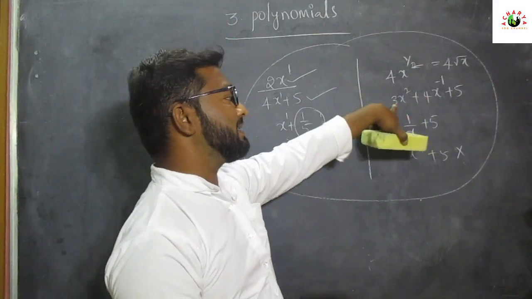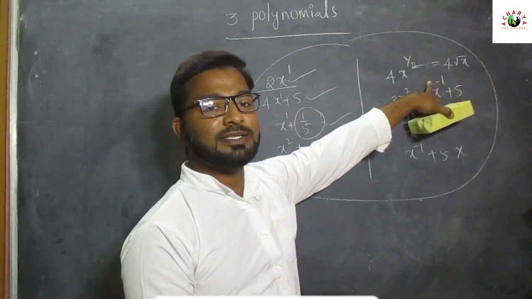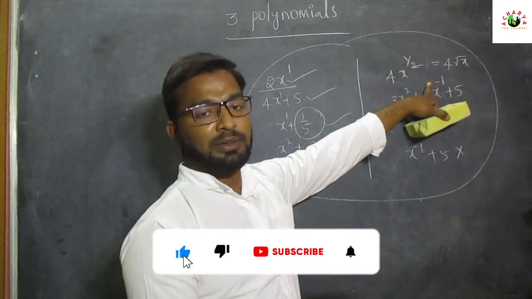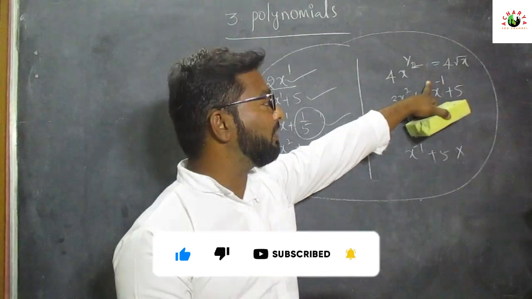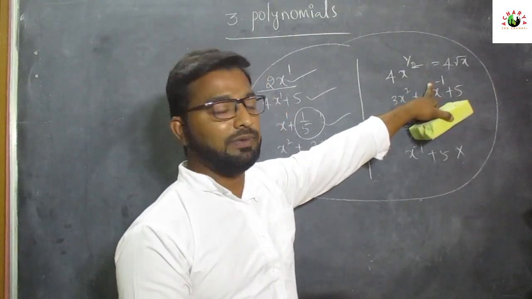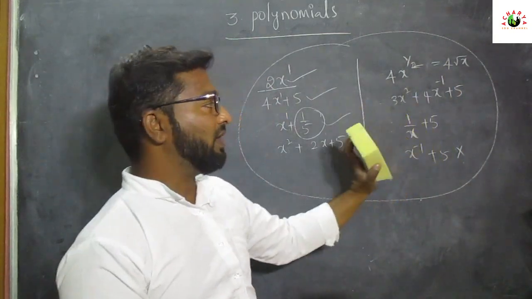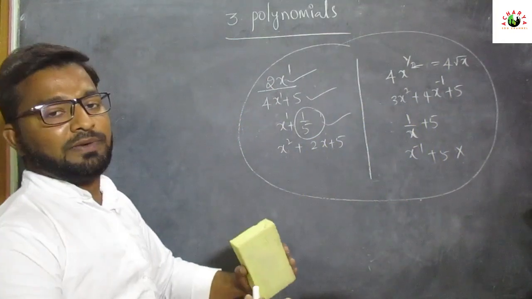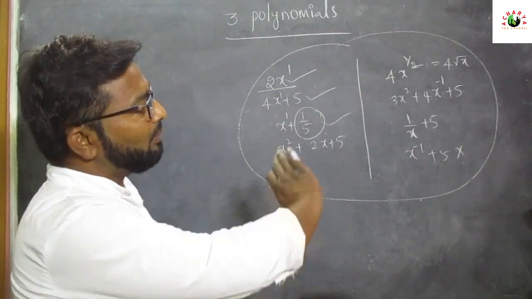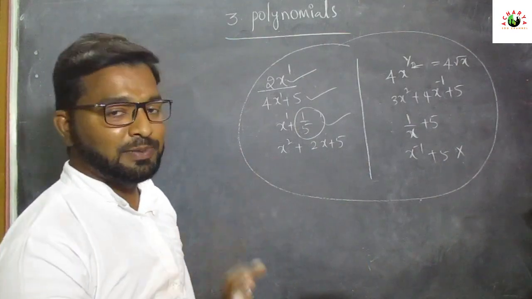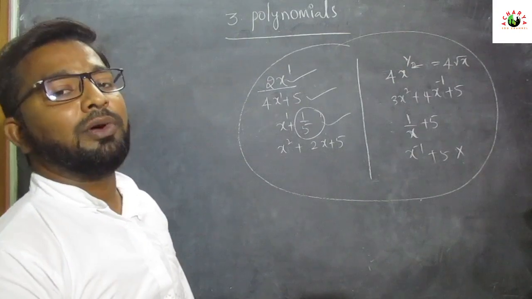For example, in 3x square plus 4x power minus 1 plus 5, the power is negative, so this is not a polynomial but it is an algebraic expression. So finally we conclude that all polynomials are algebraic expressions, but all algebraic expressions are not polynomials.